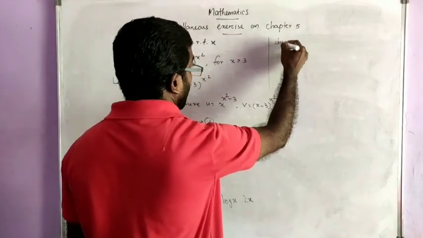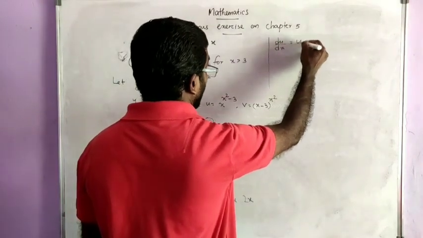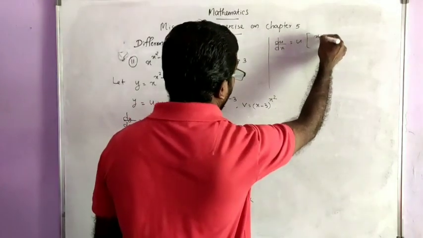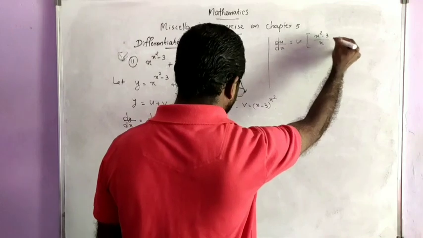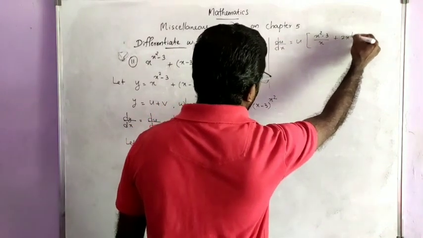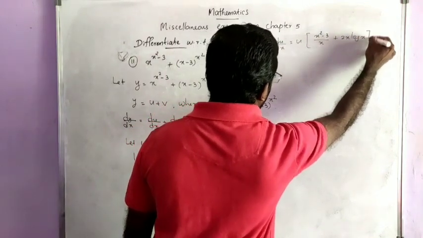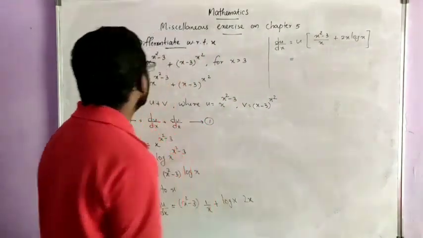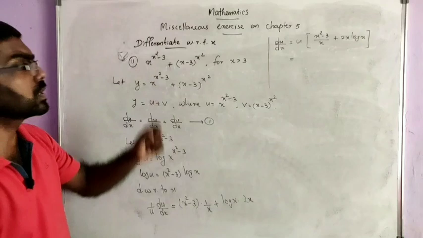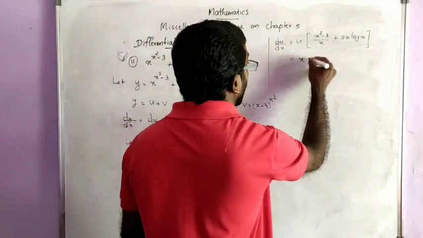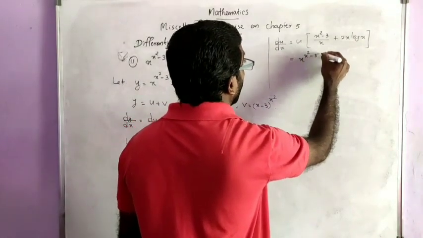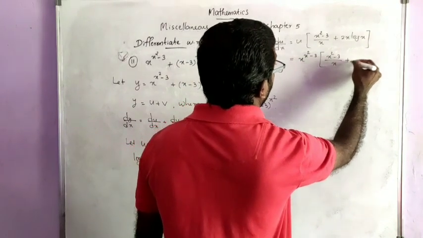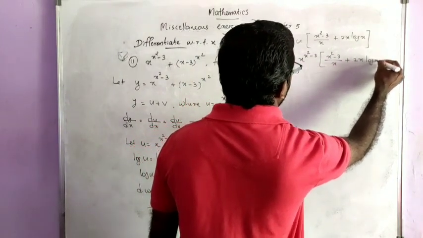So du by dx is equal to u into x square minus 3 divided by x, then plus 2x log x. Okay, now we can replace the value of u, and u is x raised to x square minus 3. So x raised to x square minus 3 into x square minus 3 divided by x, then plus 2x log x.